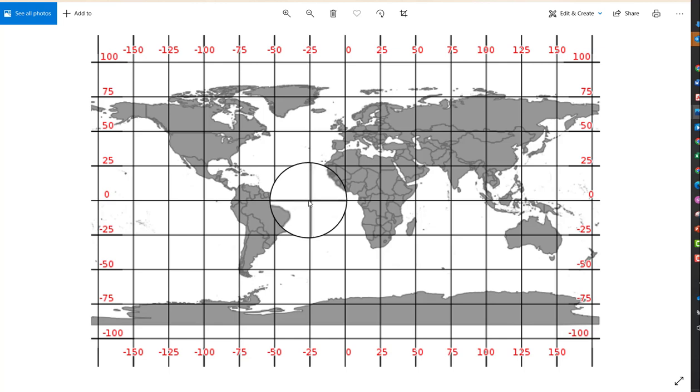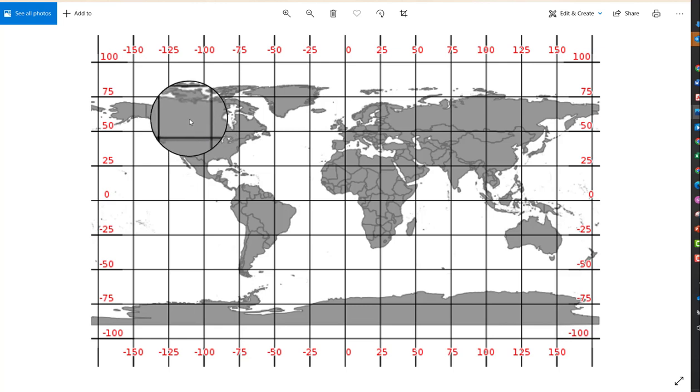So let's say we're in North America and we are going to be in the northern hemisphere. When we look at our line in the middle, which is the prime meridian, then we have eastern and western longitudes. In the United States, we have negative longitudes, and those longitudes increase as you go west.